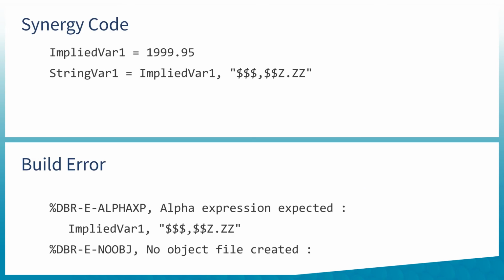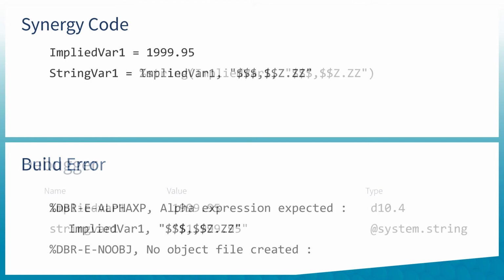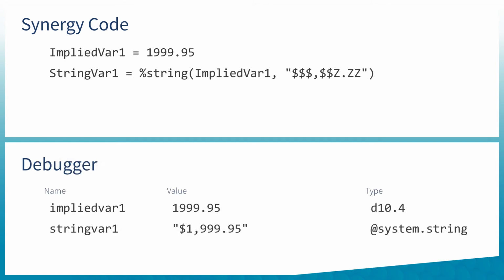Format strings can't be used directly when assigning a numeric value to a string field, but they can be used inside of a string function. The string function converts an input value to a string, optionally using a format string to specify the format of a number.